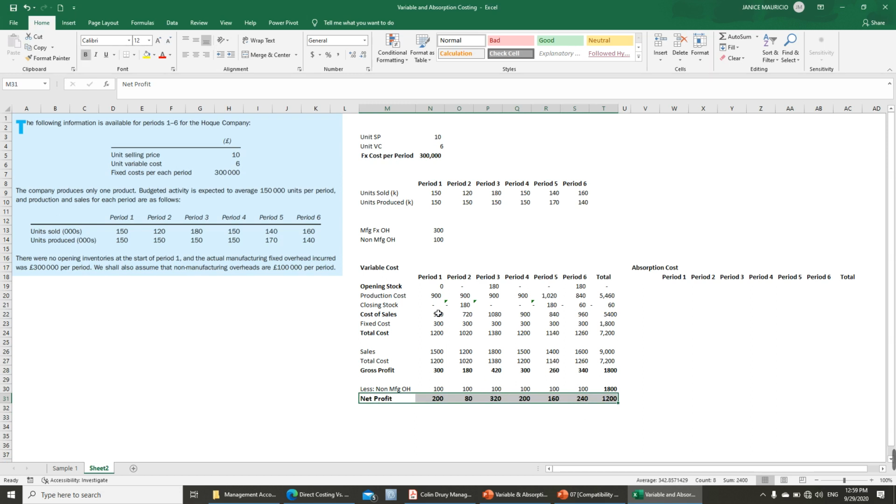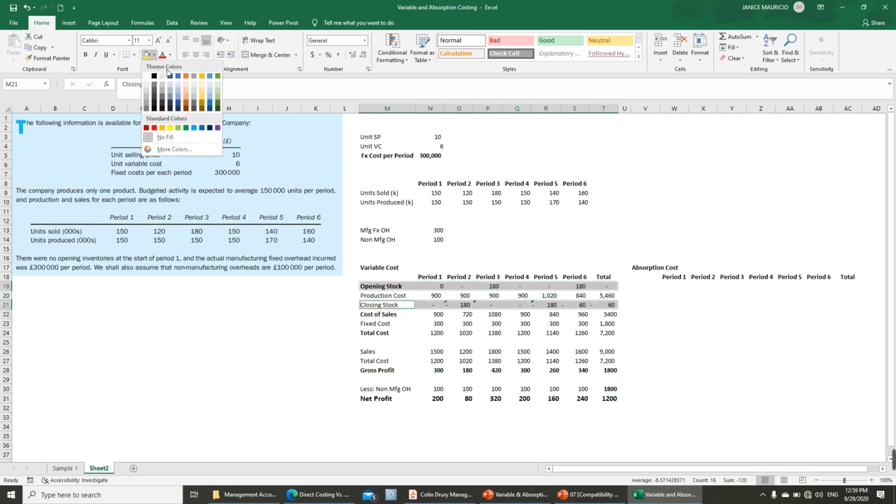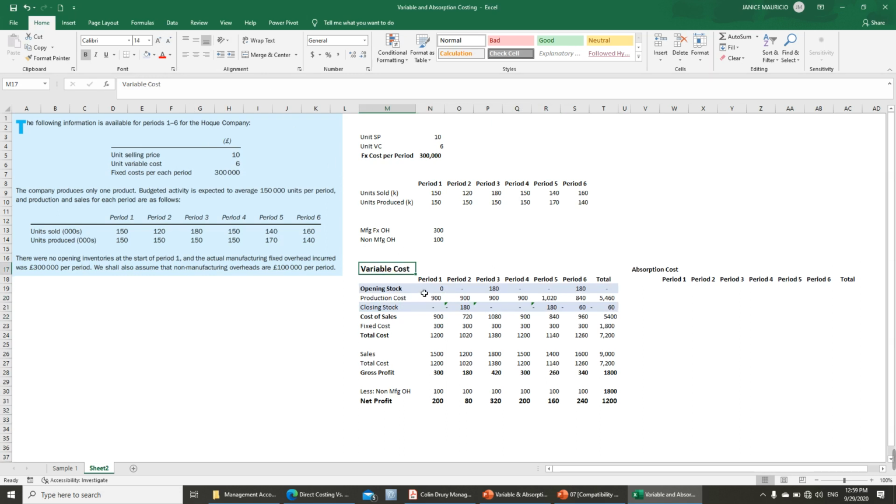Okay? So, again, opening stock: the problem says that there's no opening stock, and as you go from one period to another, the opening stock for the next period is the closing stock from the prior period. So these two rows are a bit related. Now, in variable costing, production cost is equivalent to the units produced times the unit variable cost.